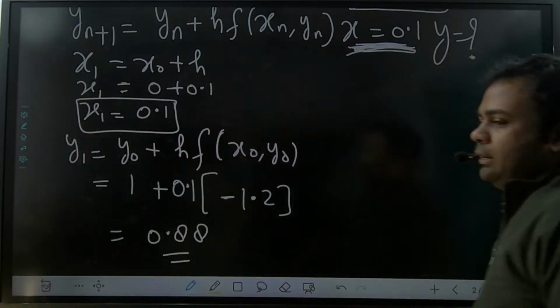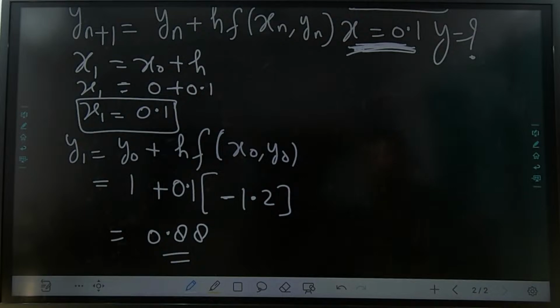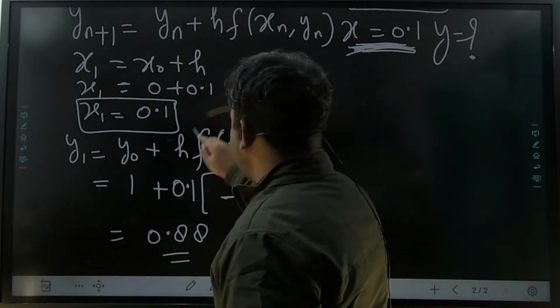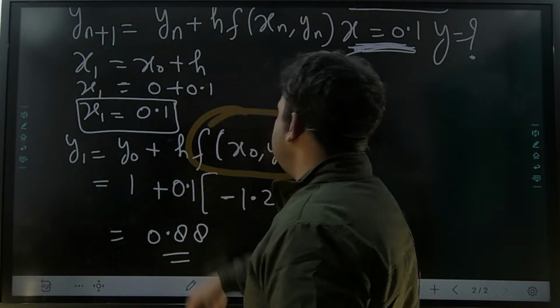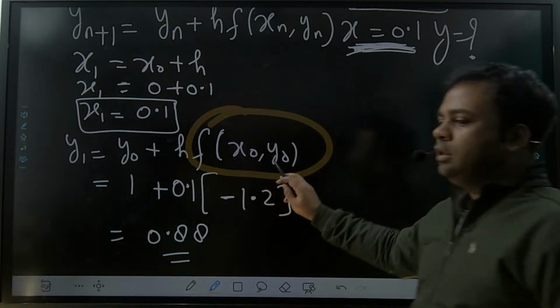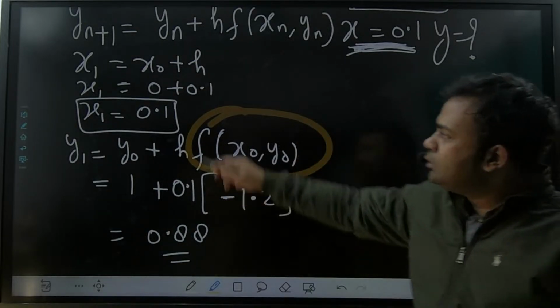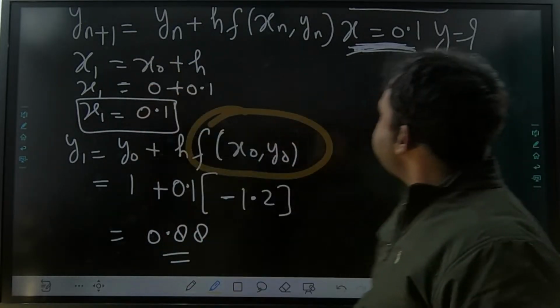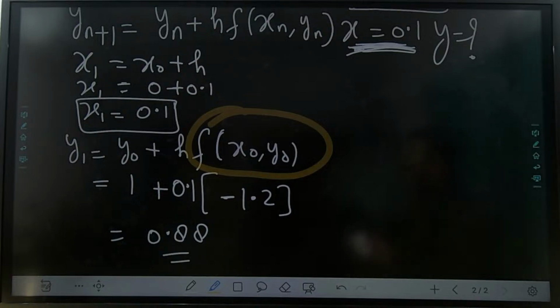Whenever we say function value at x0, y0, it means replace x by x0, replace y by y0, and calculate the value of the function. The function value is coming to be minus 1.2. This way you get the answer.